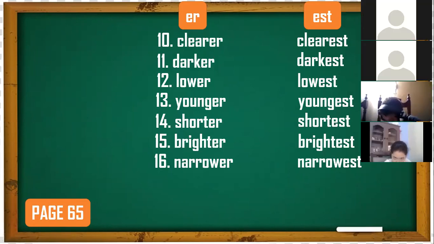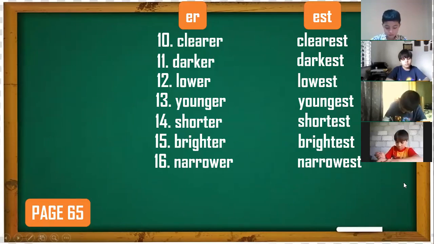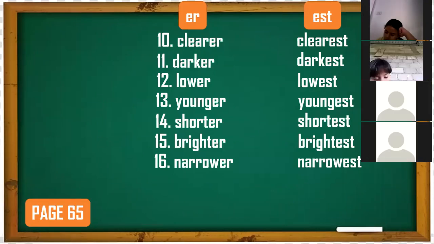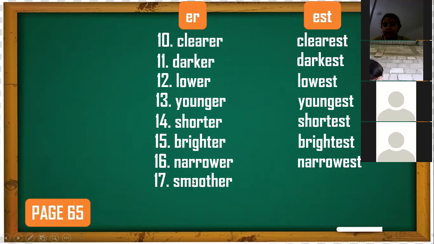Now let me ask another person. Valerie, the number 17. Smoother. And the EST? Smoothest. Very good. Well done.